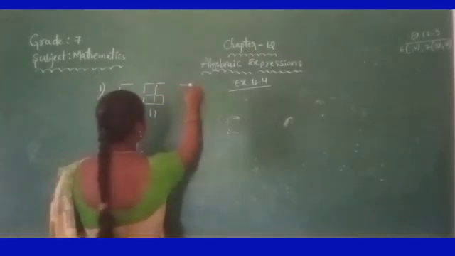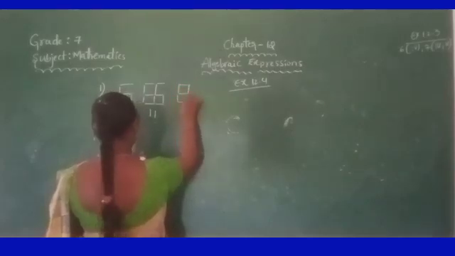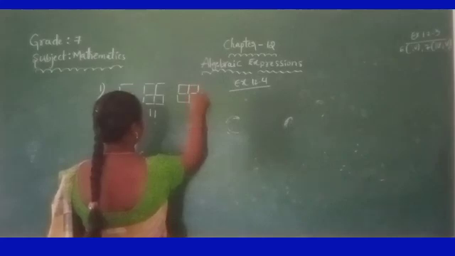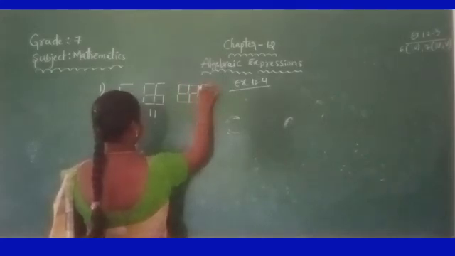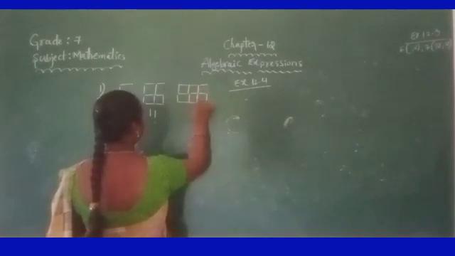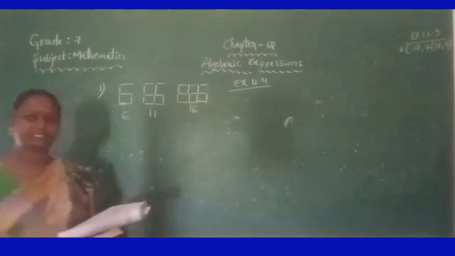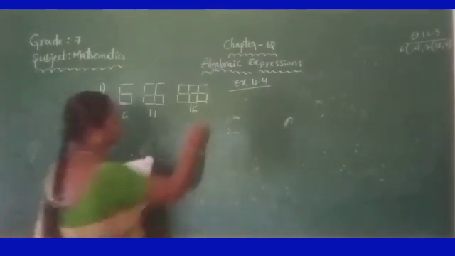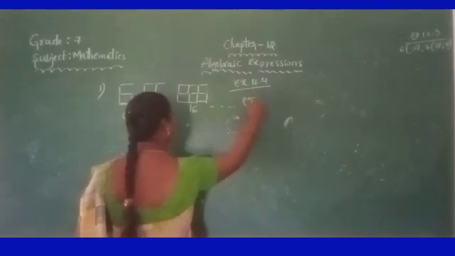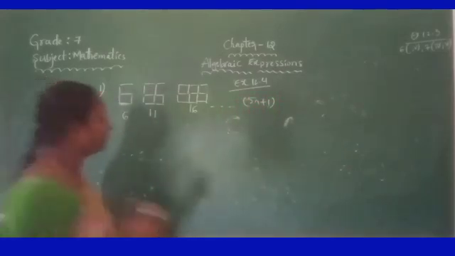Similarly, if you take 3 digits, that is 16 line segments. So like that, the pattern is 5 here plus 1. So observe here, 5n plus 1.